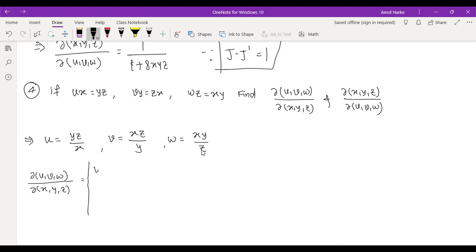That is nothing but partial derivative of u with respect to x, u with respect to y, u with respect to z. Similarly for v: vx, vy, vz. And last one, wx, wy, wz. Now please tell me the values. What is ux?